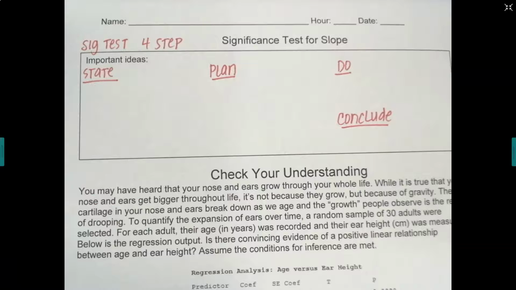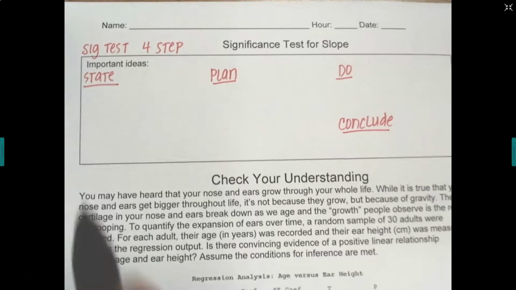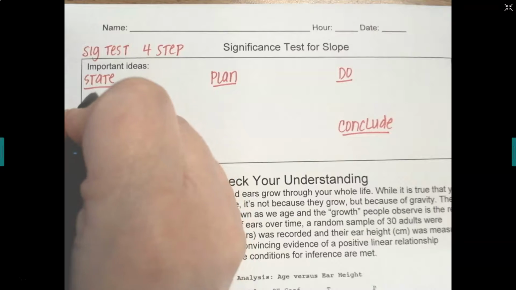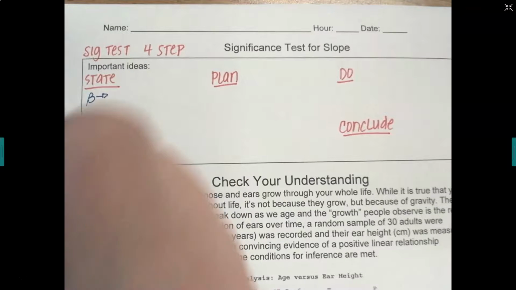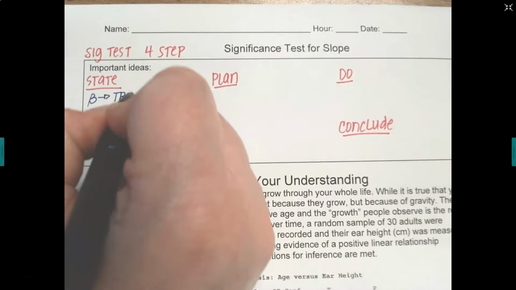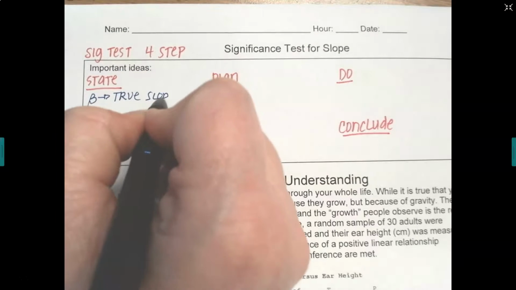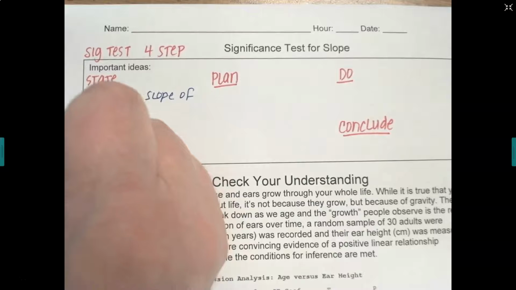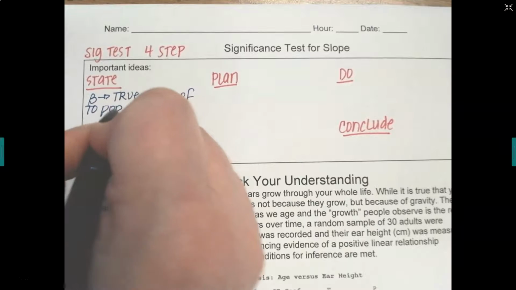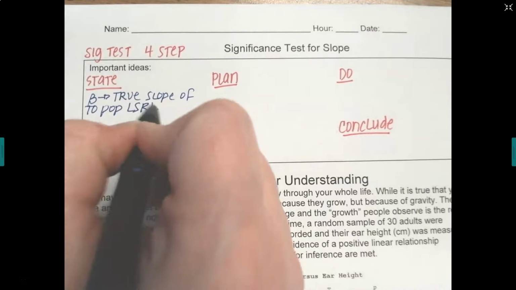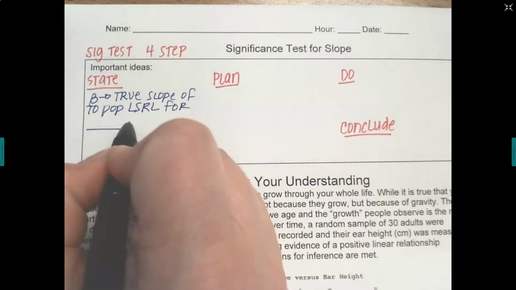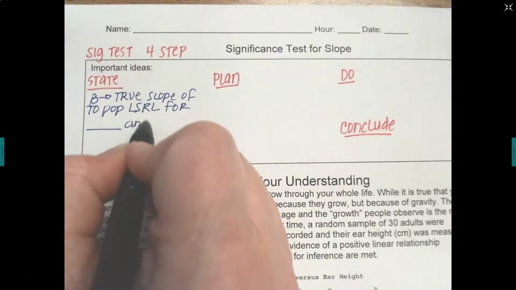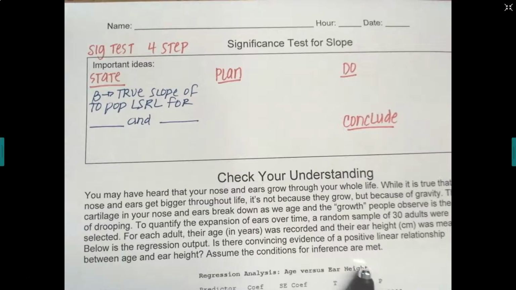So for our significance test for slope, our 4-step process, in our state, we're going to need to define our parameter, which is beta, the true slope of the population regression line, the least squares regression line for the population, and then you want to say your x context and your y context there.